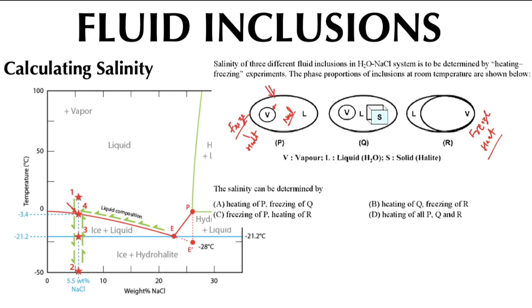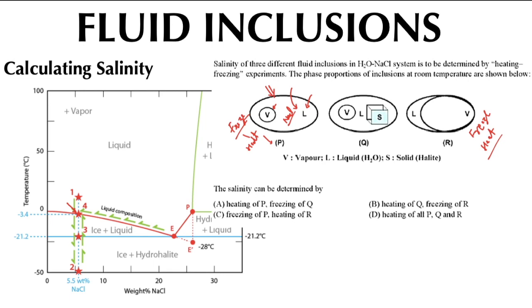Because that is the proportion of liquid at which we want to calculate the salinity. If you keep on heating, this vapor will decrease in size, right? So we don't want that liquid. We just want, as soon as the last ice crystal melts, at that point we calculate the salinity, right? So for P we need to freeze it first, right?